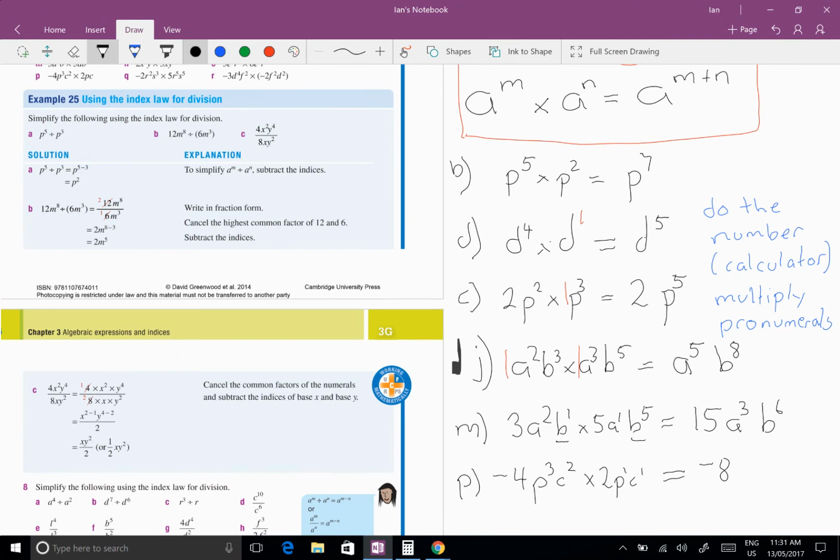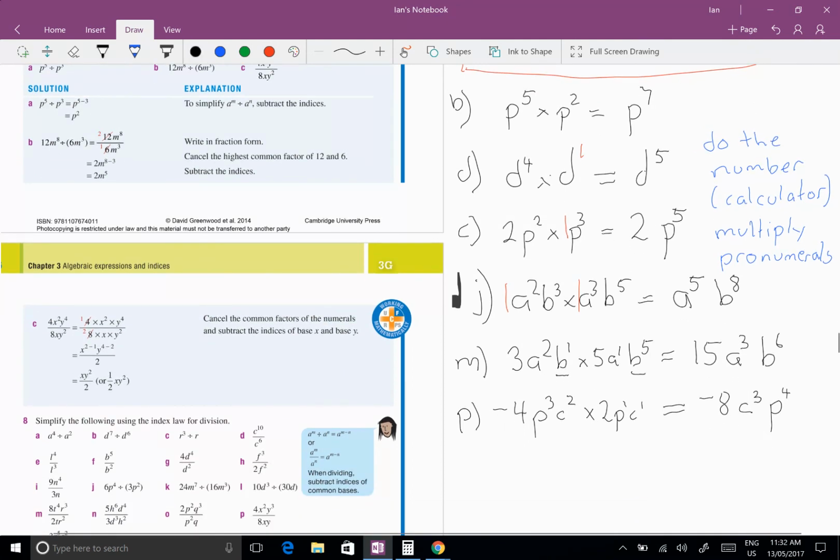Now the back of the book is wrong. It writes it as PC, and that's why it's written here, but it shouldn't be. You should write it in alphabetical order. So I'm going to do it properly. So we've got C squared times C to the power of 1. So that'll be C to the power of 3. Add the powers. And then we've got P cubed times P to the power of 1. Add the powers again, and I'll get P to the power of 4.